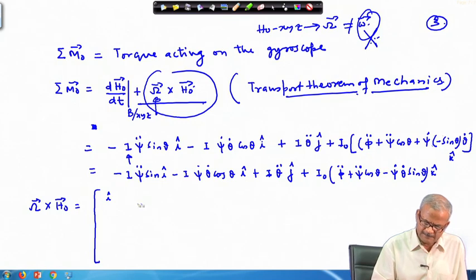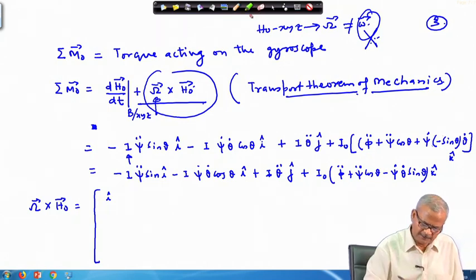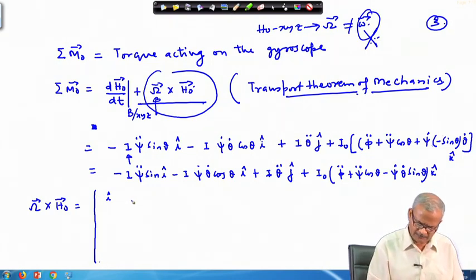we can write it in the form of a determinant rather than expanding and multiplying. In the form of a determinant, it will be much easier to work with. Okay. The components of psi is this capital omega. So, components of capital omega we have to pick up and put it here.